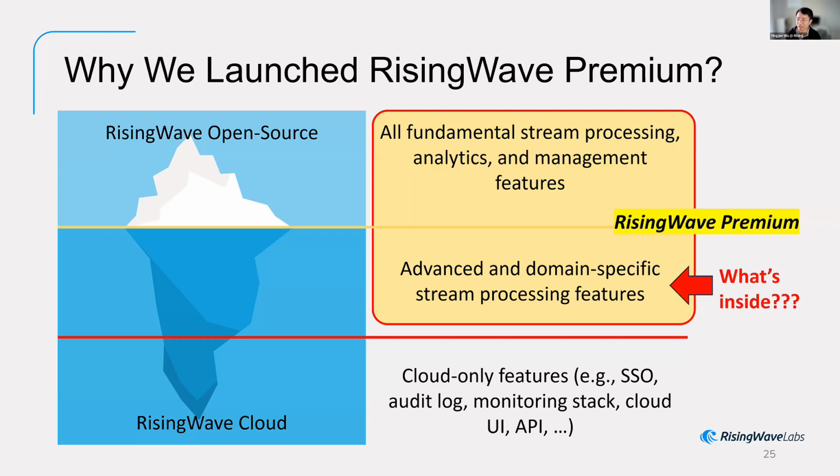For SSO, it doesn't make a lot of sense to have it in your own private environment. And in your private environment, you probably already have your monitoring stack or auditing service, so we will not provide that. But in RisingWave Cloud, we provide everything for you so that you do not need to manage all these things.